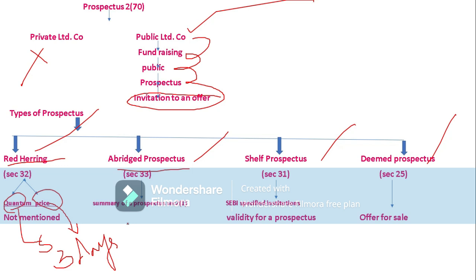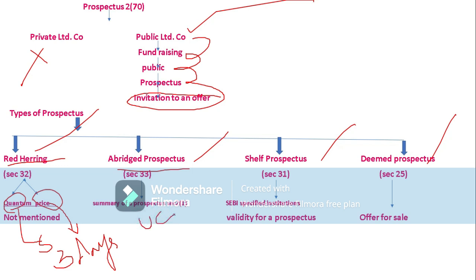But if this retail investor has a connection with an underwriting agreement, or he went for an agreement with an underwriting company, then this abridged prospectus will not apply in the case of underwriting companies.